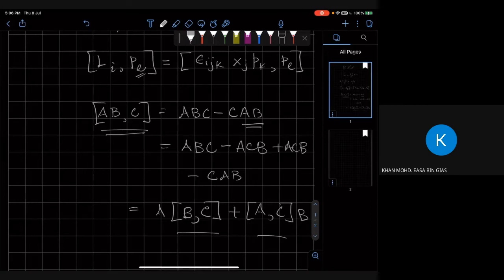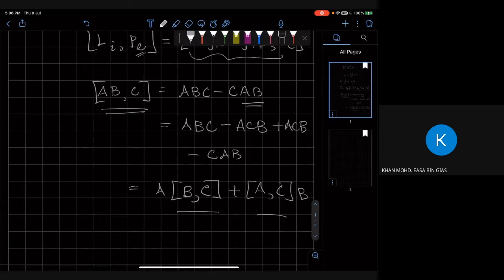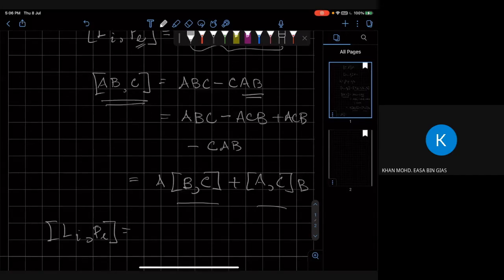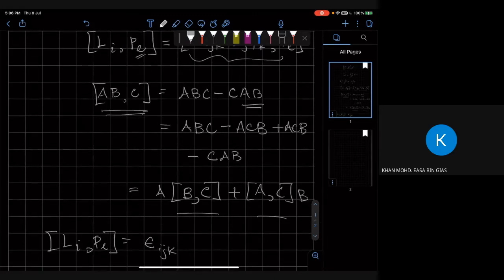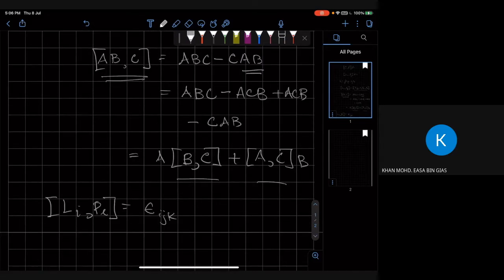So now we use this in this equation. Then on the right-hand side, [L_i, p_l] will become, well, we can factor out the epsilon because that's not an operator, those are just a set of numbers. And then we can say x_j, and then it's going to be the commutator of p_k with p_l.